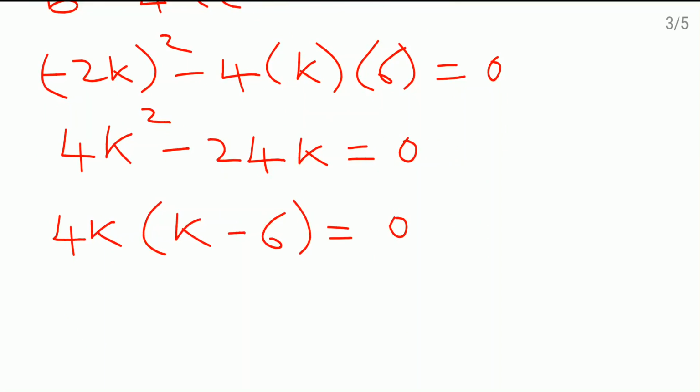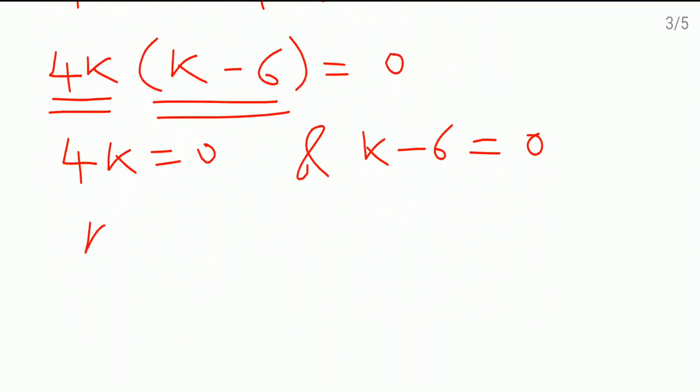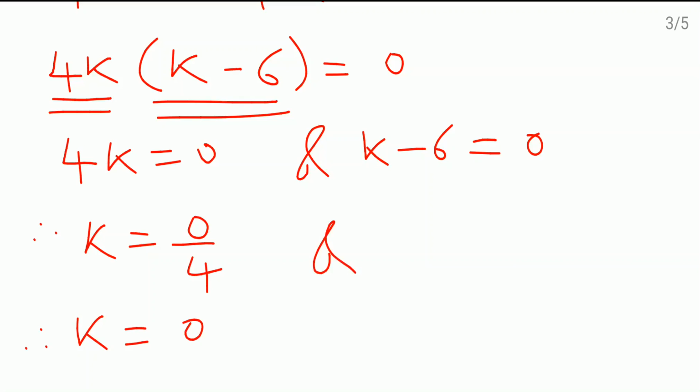So we'll compare this one with 0 and this one with 0. So here 4k is equal to 0, and k minus 6 is also equal to 0. So here k is equal to 0 by 4, it means that k is equal to 0. Why? Because 0 divided by anything will become 0. And here k is equal to 6.